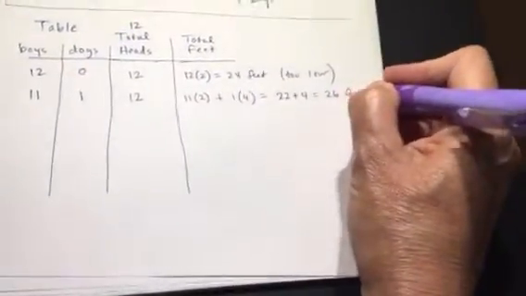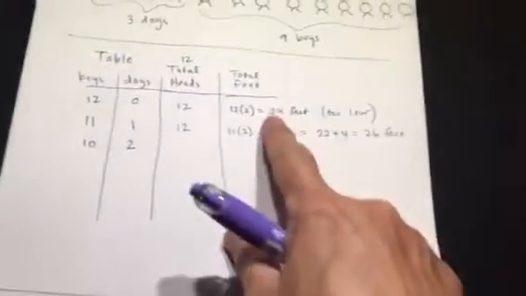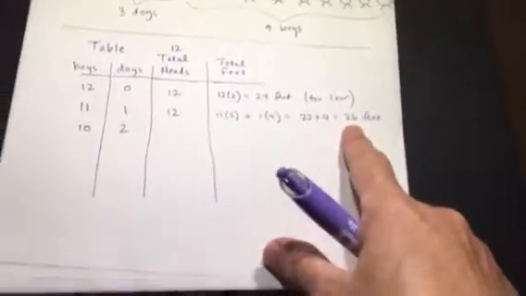Well, that's too low. And you might at some point notice, hey, every time I decrease the number of boys and I increase the number of dogs, it kind of looks like I'm adding 2 feet.